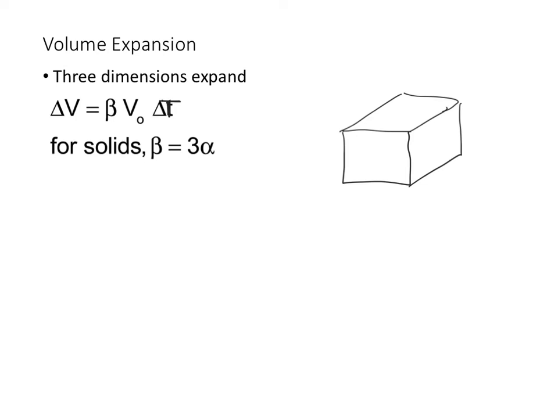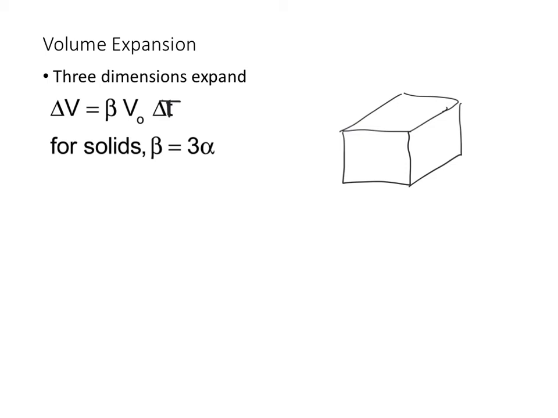So for volume expansion, our change in volume, which again is final volume minus initial volume, is equal to beta, which is our coefficient of volume expansion, times the initial volume times my temperature change. Now for solids, we're doing this in 3 dimensions, so beta is 3 times the linear expansion coefficient. But for liquids, for fluids, beta is its own thing, because it's not meaningful to talk about length or area expansion for a liquid. It's only meaningful to talk about volume expansion for a liquid.